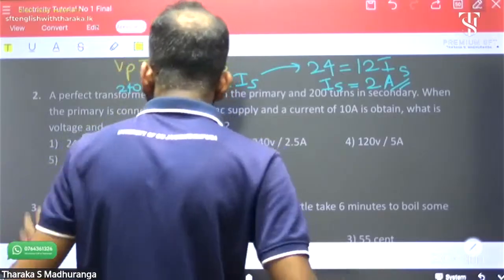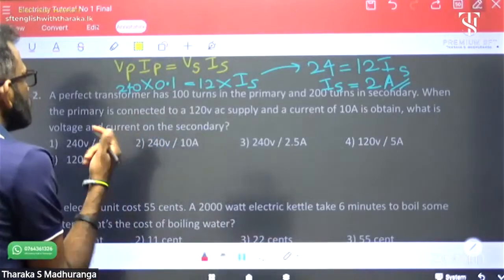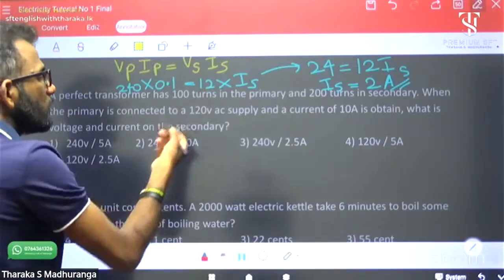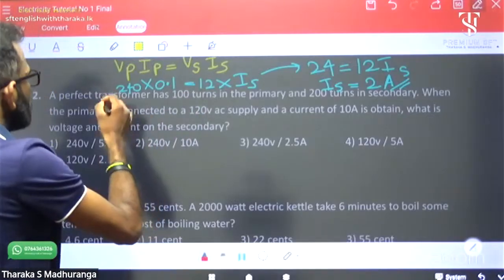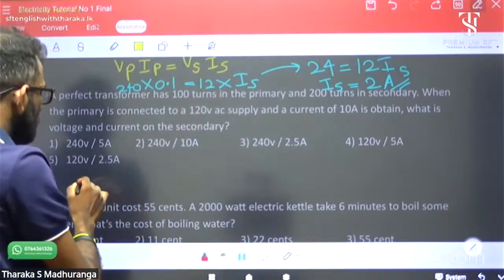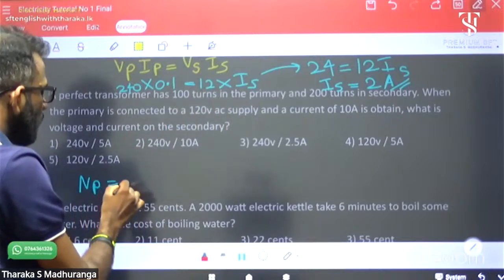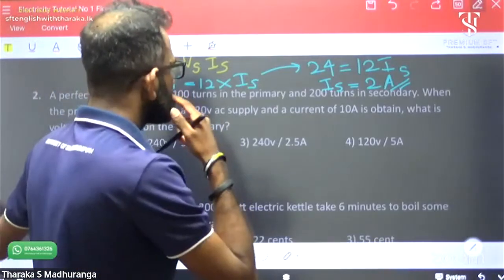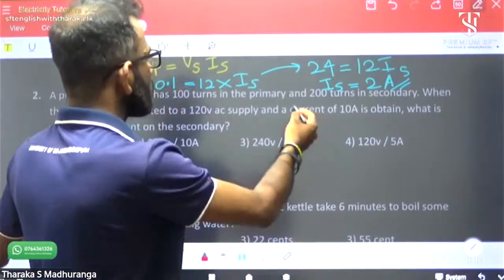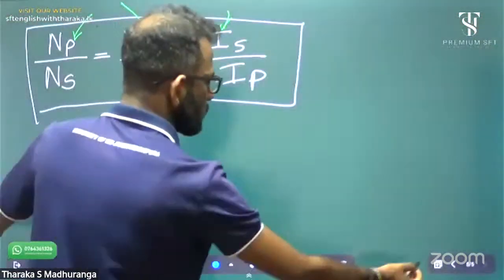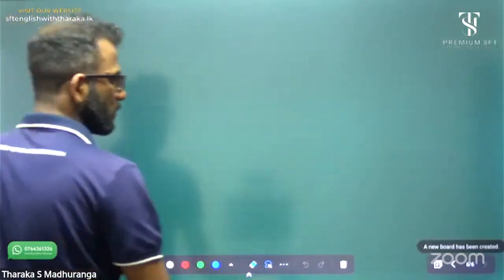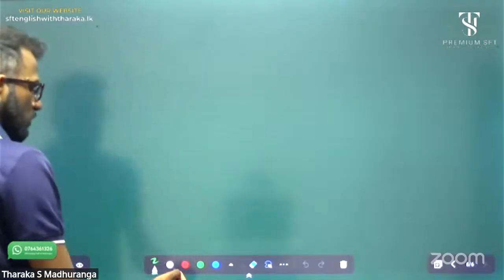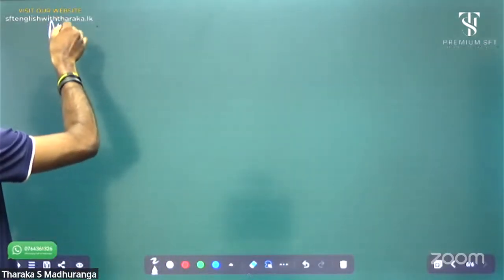If you want easy calculation, you can write the given data in symbols like this. 100 turns in primary means Np equals 100.